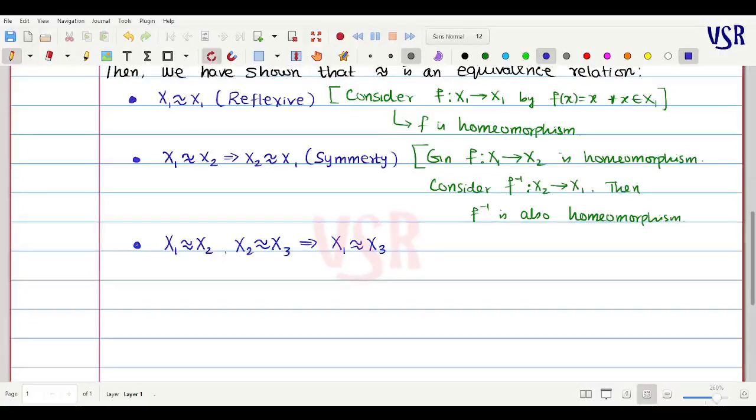How did we see this? Since x1 is homeomorphic with x2, there exists f from x1 to x2 which is a homeomorphism.